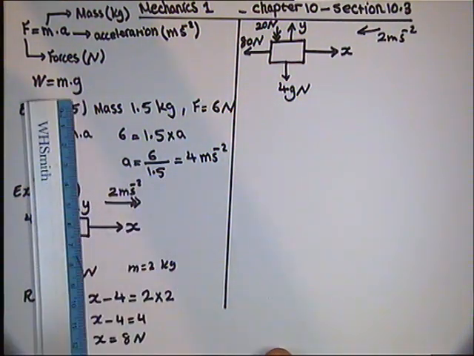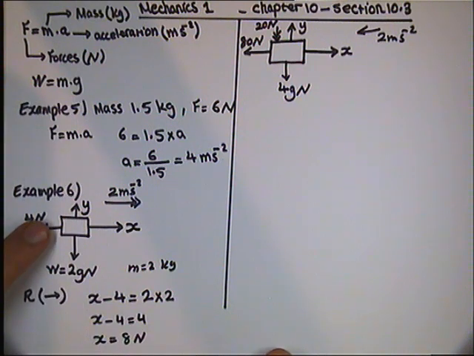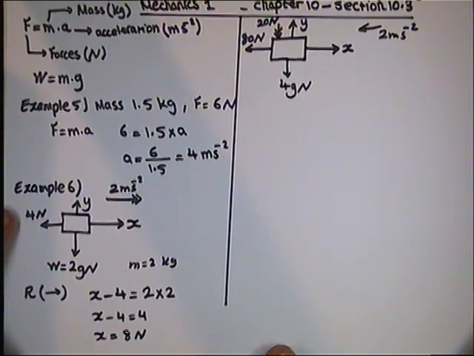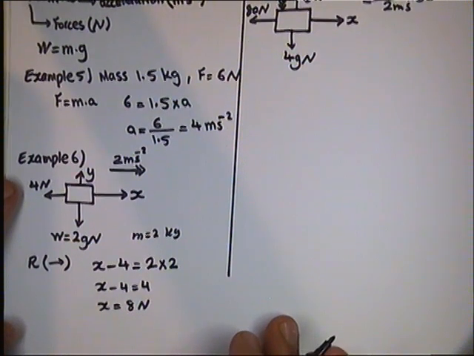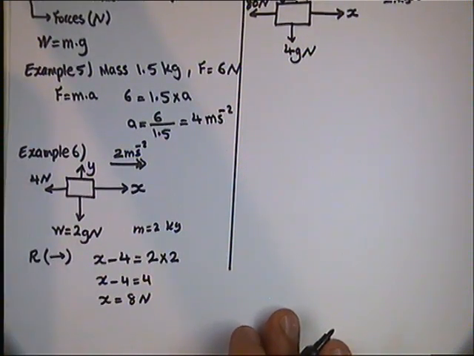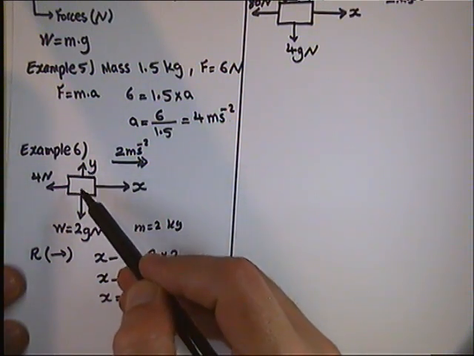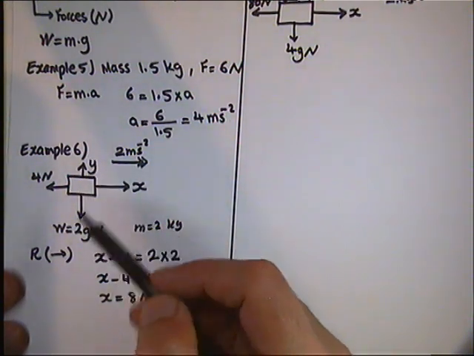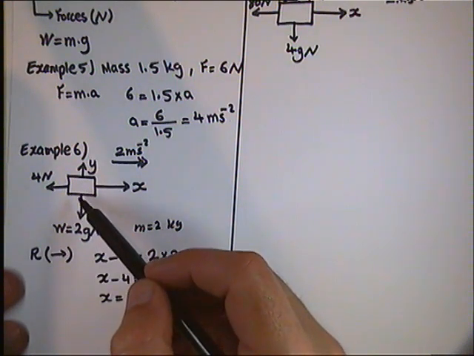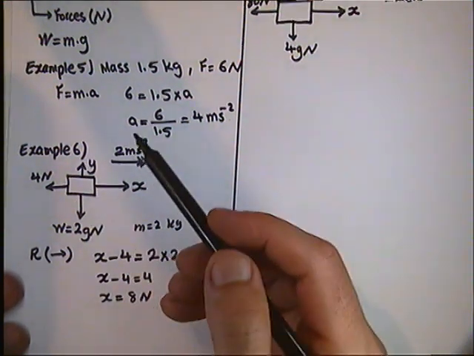In the previous question we didn't work out the value for y, so let's work out the value for y for the previous one, and then we move on to part 2 of example 6. To work out y, the particle is not moving up or down, therefore acceleration up or down is equal to 0.